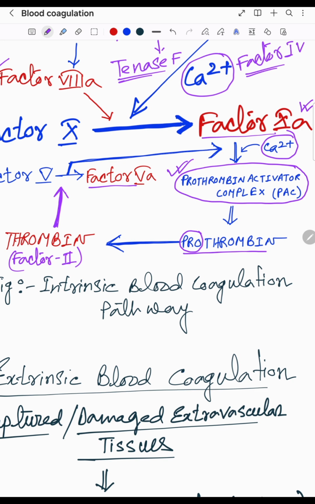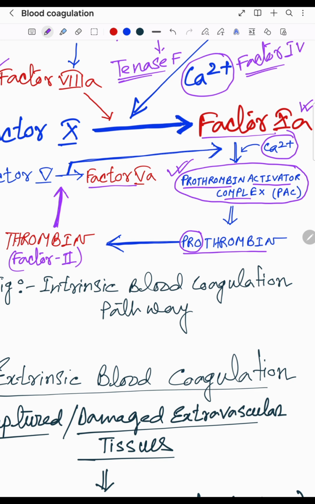There is always the factor remains in inactivated condition. Whenever we require to activate them, we activate them. Okay, so there is the prothrombin. So from prothrombin it's thrombin, and prothrombin is also getting activated by prothrombin activator complex.